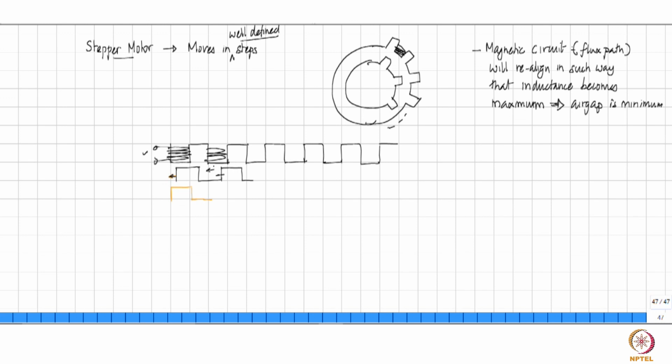So you must have a different number of slots here as compared to the rotor, so that there is an asymmetry, and because of that asymmetry, when one of them is aligned, the next one is not aligned, and therefore when you energize this, it draws into alignment, and the next one now becomes unaligned. Then you energize this, that draws into alignment, so it moves in steps, and steps of well defined angle, because the spacing that you provide here and the spacing that you provide here are fixed by design, and therefore the rotor will move in predefined steps.